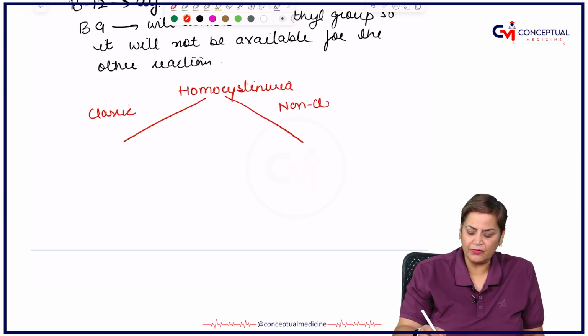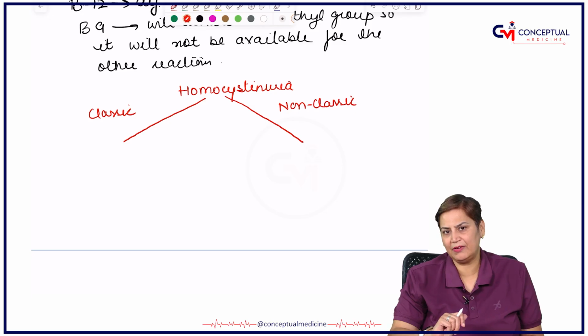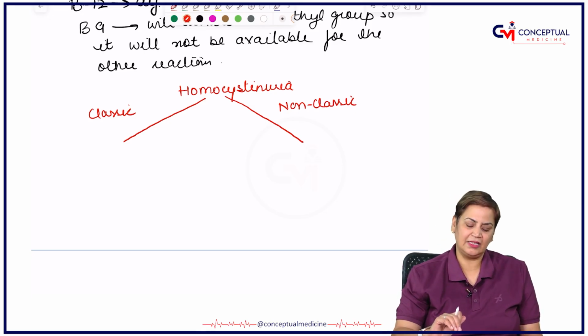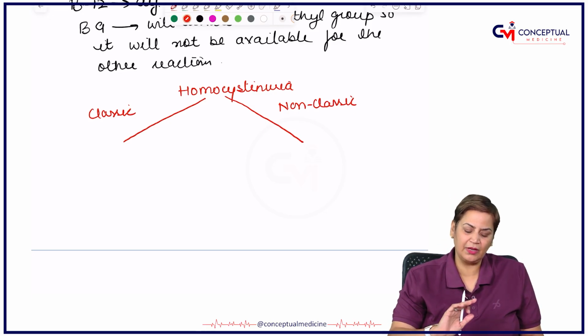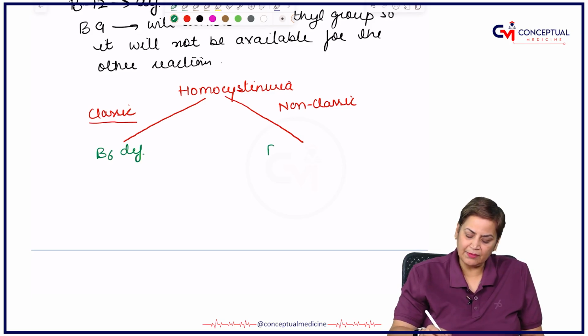If we talk about the biochemical investigation, the cyanide nitroprusside test will be positive in all the homocysteinurias, but the basic difference is, in classic, deficiency of B6 is there, in non-classic, B9 or B12.